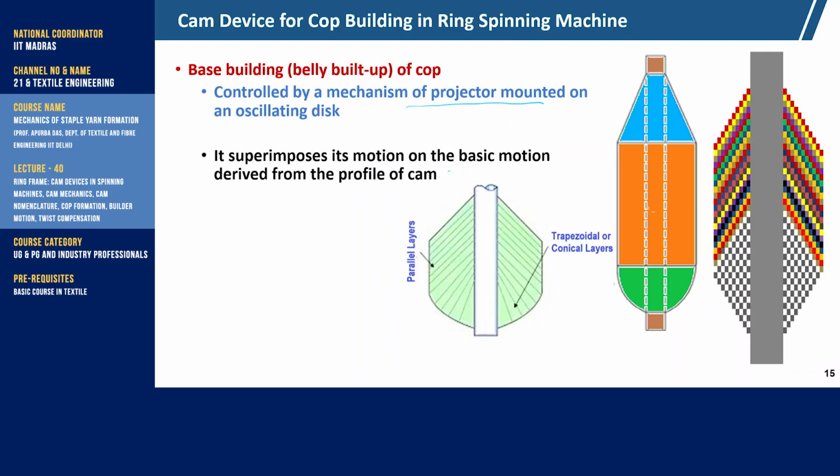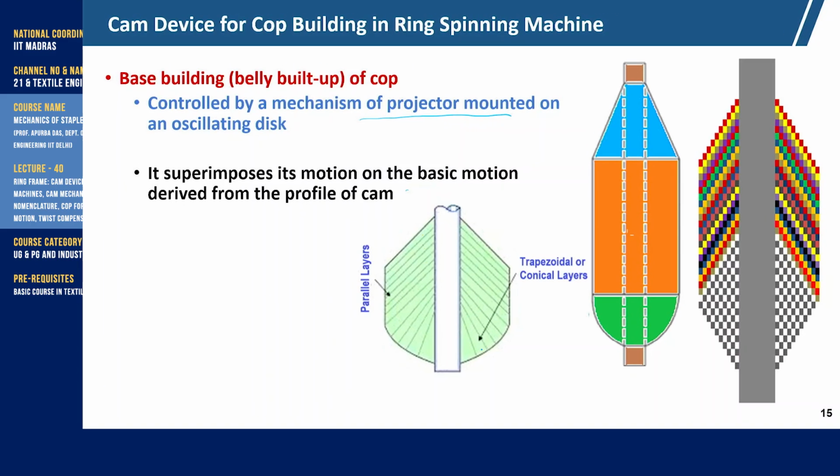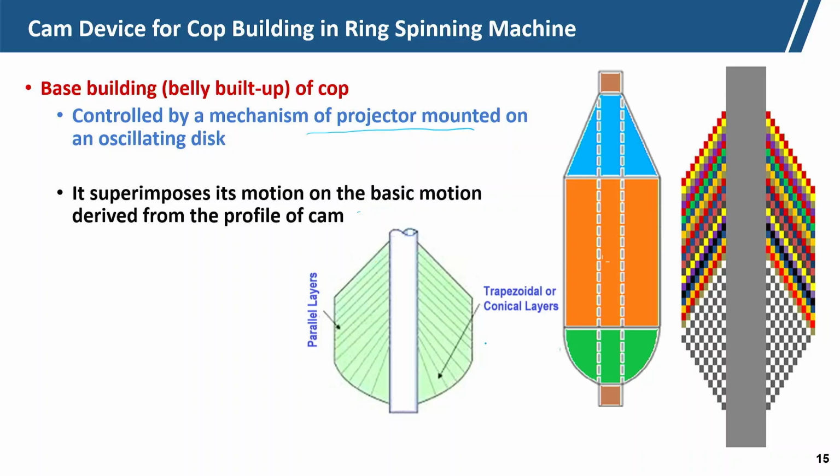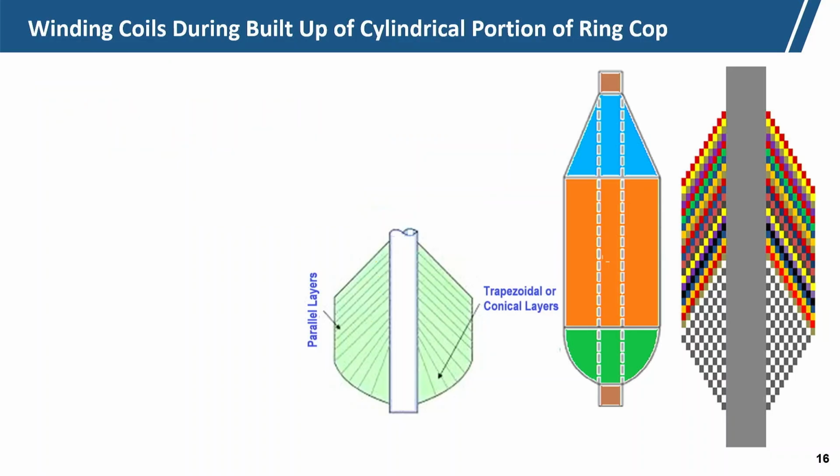Now, after that what we are getting here, you can see there are trapezoidal conical layers, and this trapezoidal conical layer is superimposed with gradual shifting, and after a certain time we will ultimately form a parallel layer, which will be the cylindrical middle portion. The base of the cop is shown in the grey color.